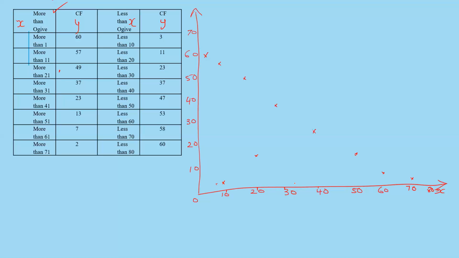And then 30 and 23. Then 40 and 37. So 37 is going to be somewhere here. Then 50 and 47.